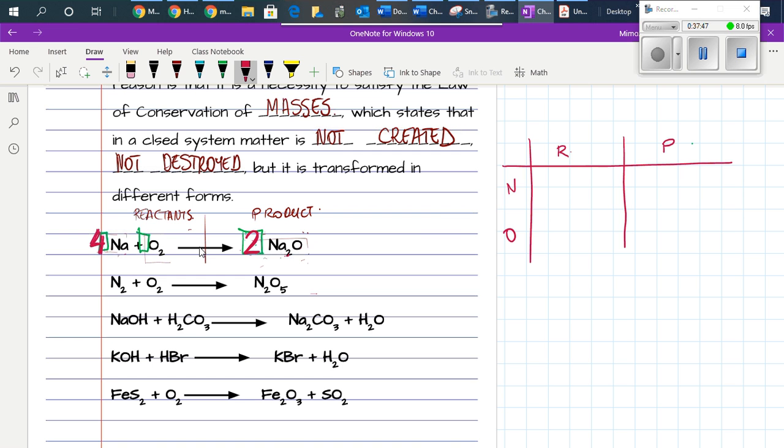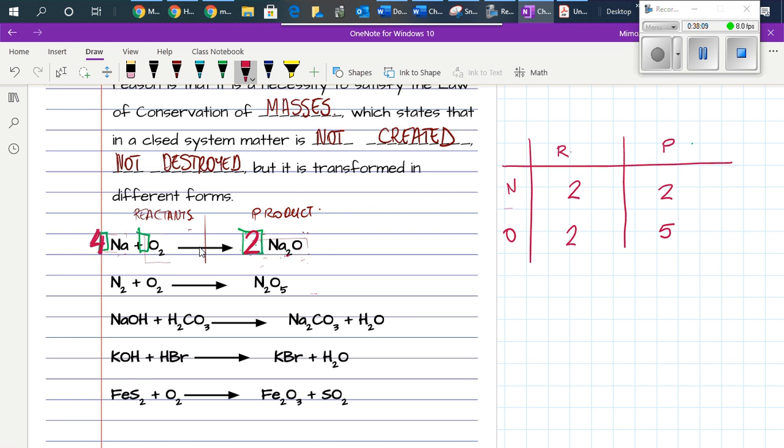So nitrogen and oxygen are forming dinitrogen pentoxide. In the reactant part, we have 2 nitrogen and 2 oxygen. And on the product side, we have 2 nitrogen and 5 oxygen.